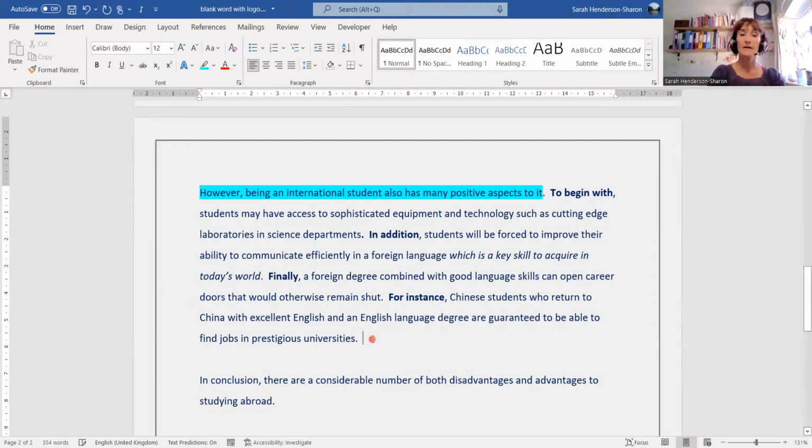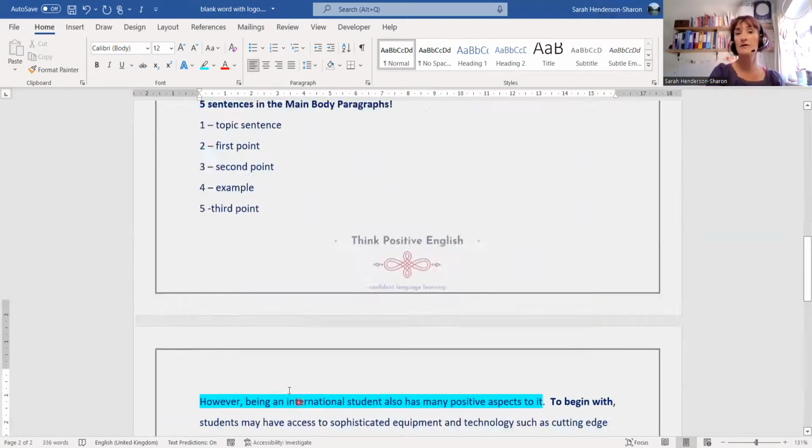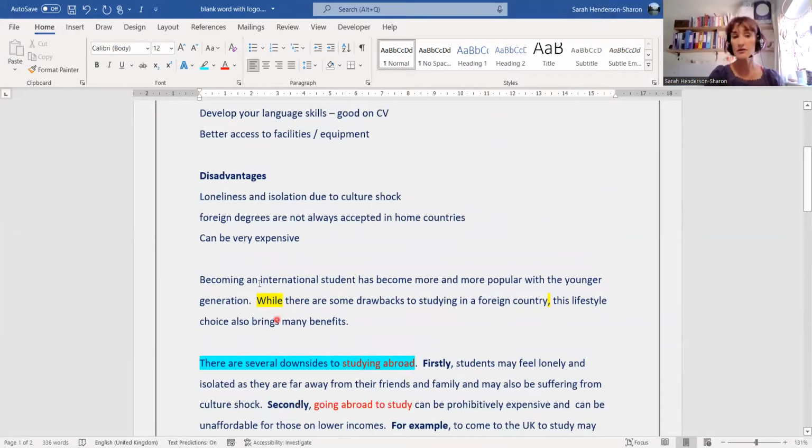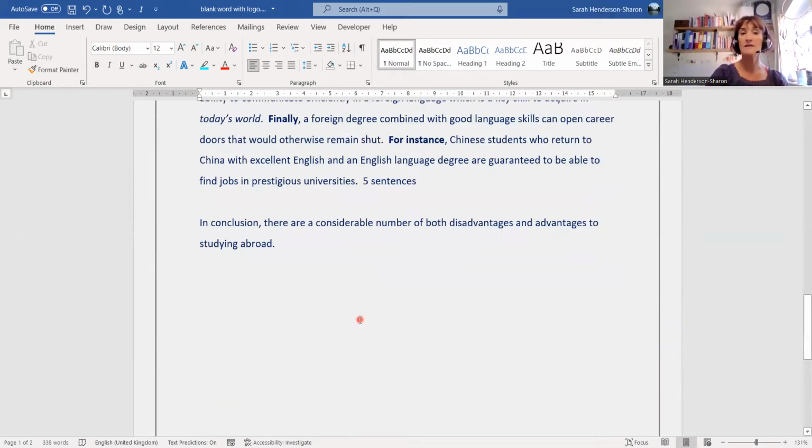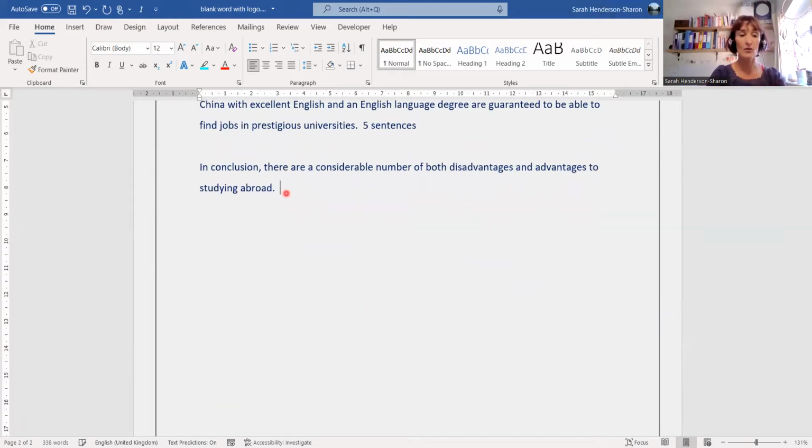Okay. Now, we know that we've got 5 sentences in the main body paragraphs. This is a 1-sentence conclusion. And we have a 2-sentence introduction, right? So how many sentences are there altogether?